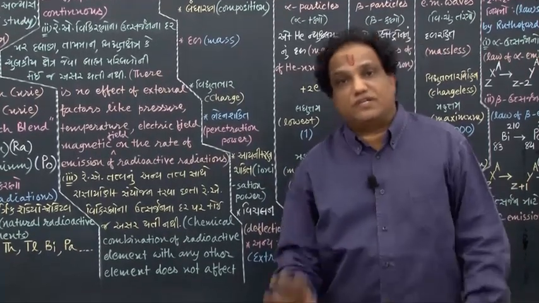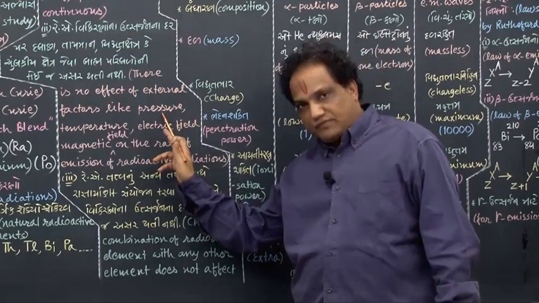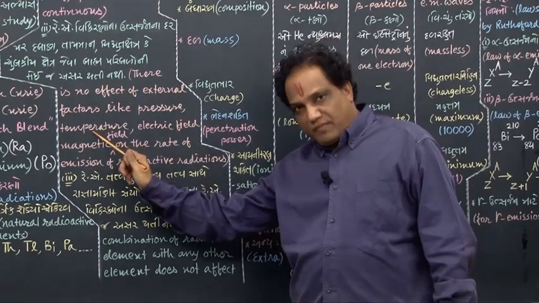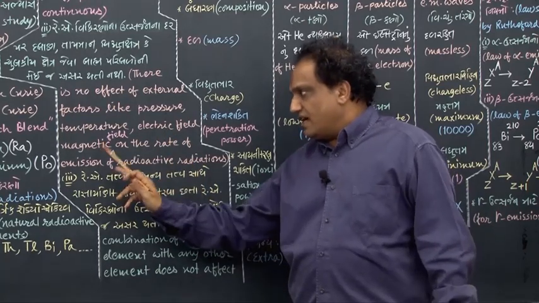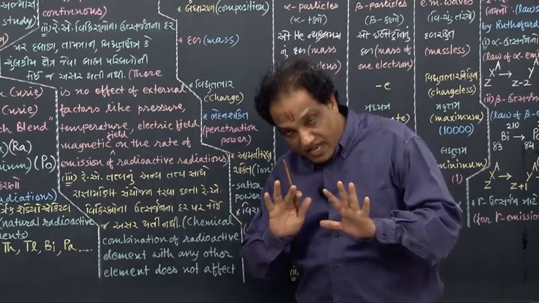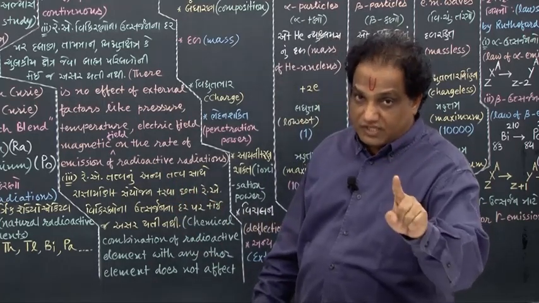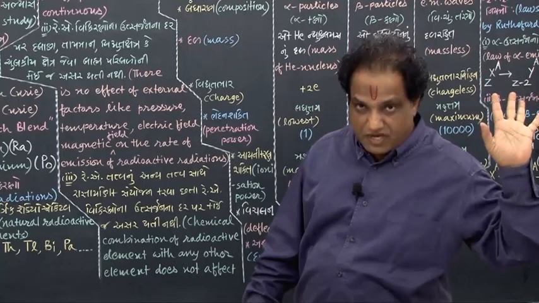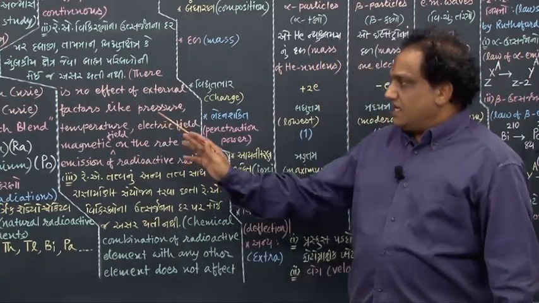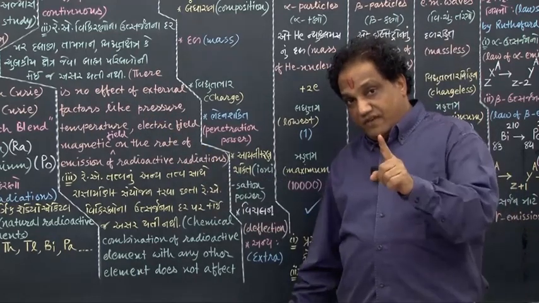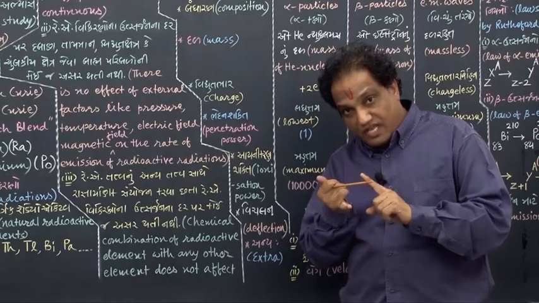Whether you increase or decrease pressure, whether you increase or decrease temperature, whether you apply electric field or not, whether you apply magnetic field or not, irrespective of any external factor, the rate of emission of radioactive radiations remains invariant.